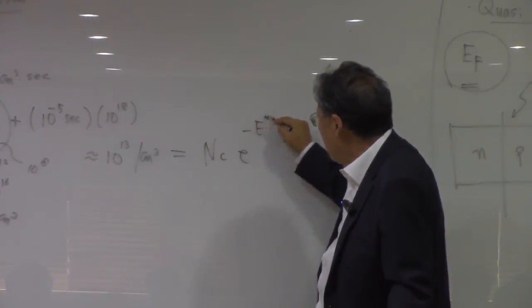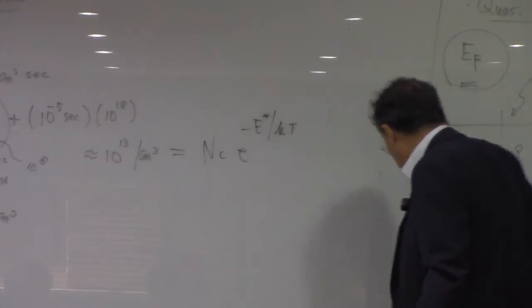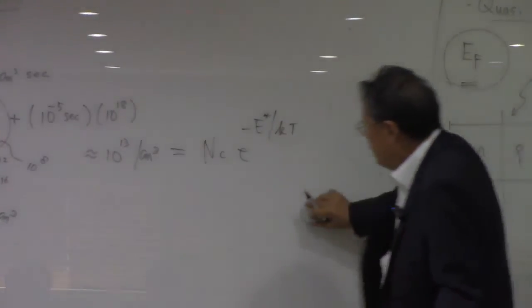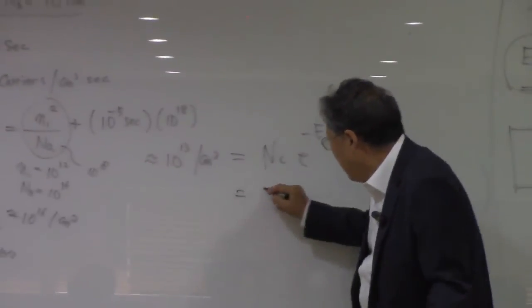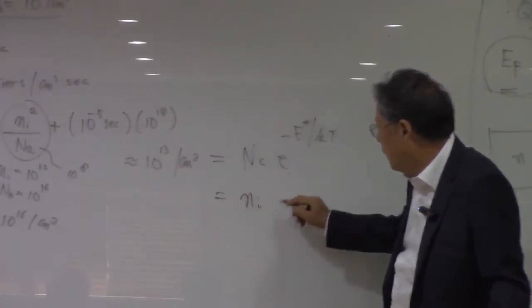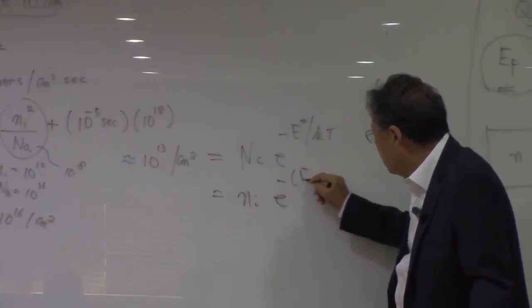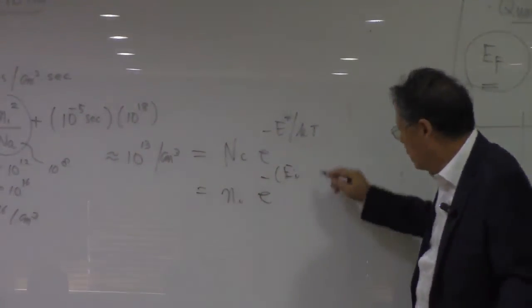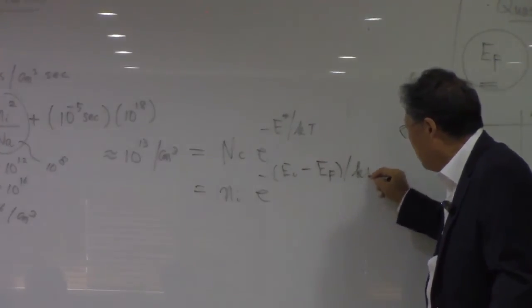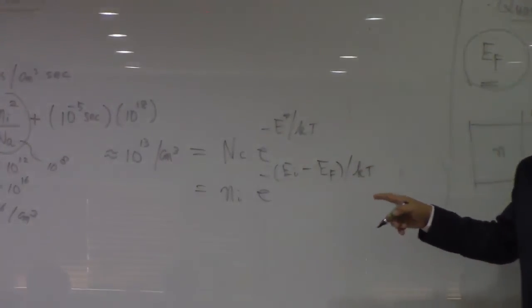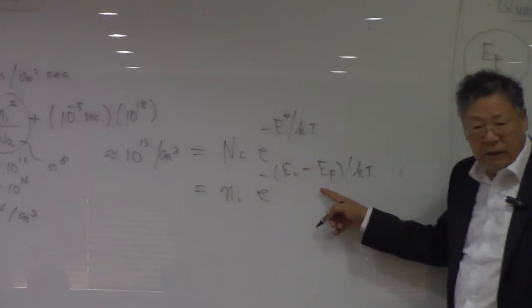E star over kT, and if you put this Ni, then this energy, the Fermi energy, should be related to the distance from the intrinsic energy level.